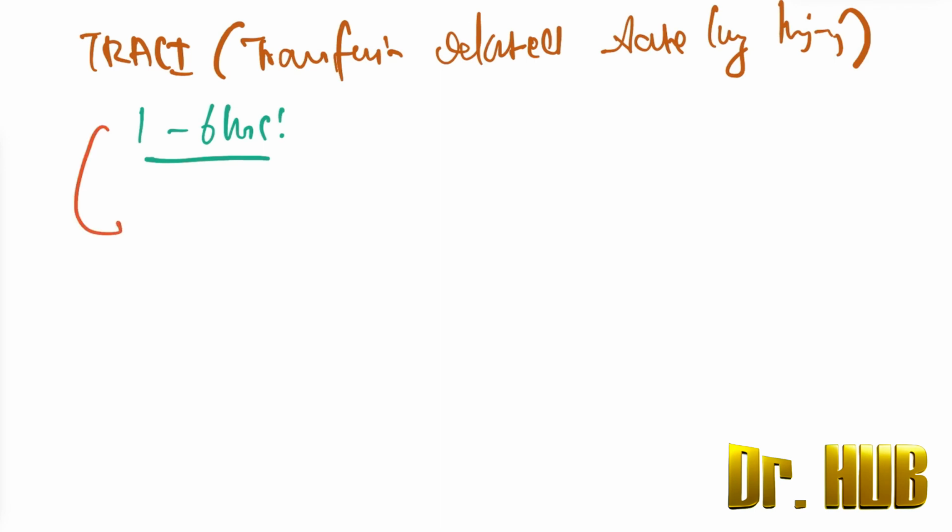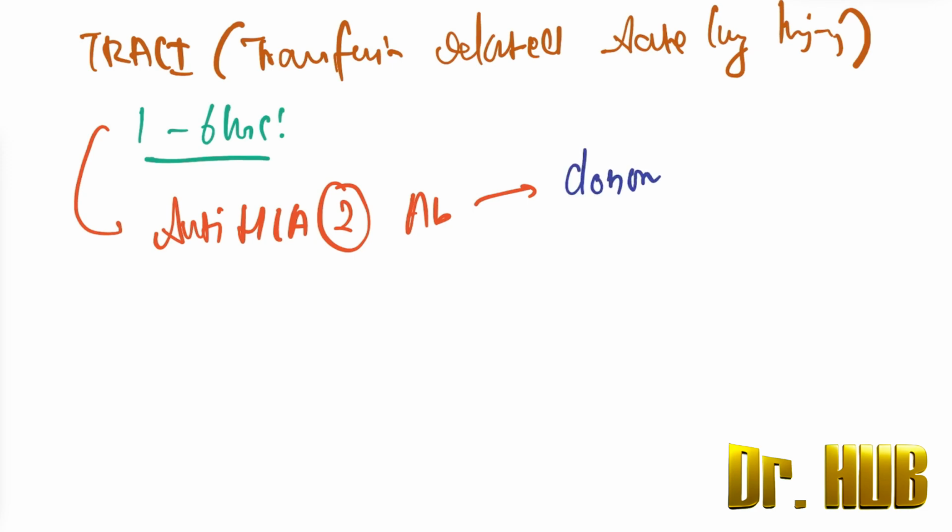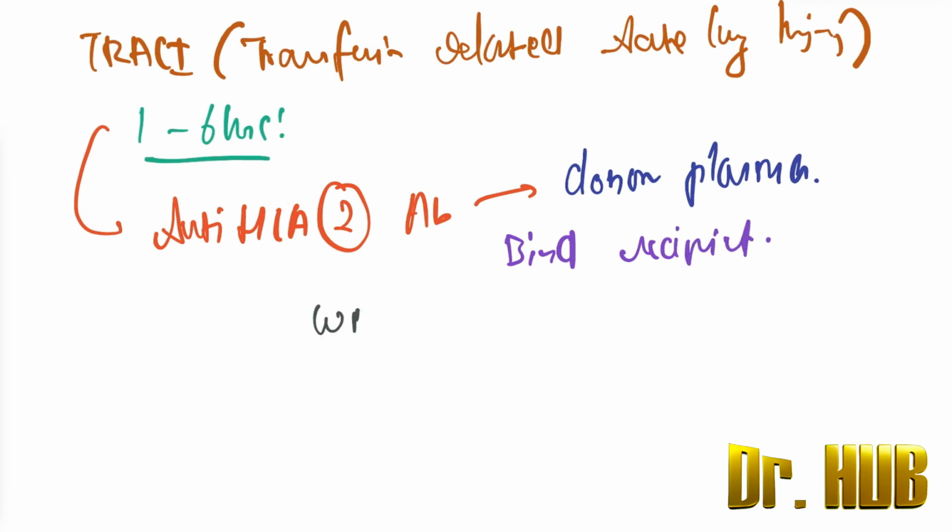There are anti-HLA type 2 antibodies present in the donor plasma, and they bind to the recipient WBC, and it increases the capillary permeability.